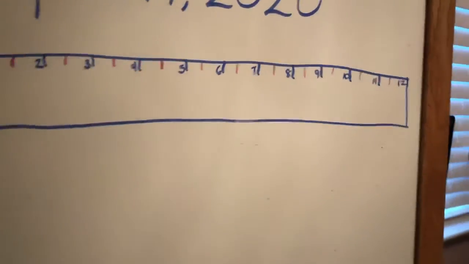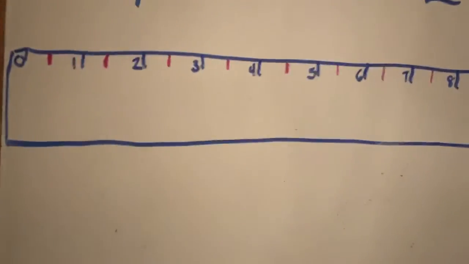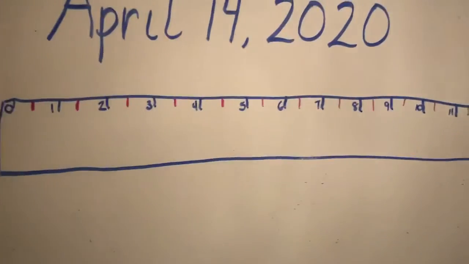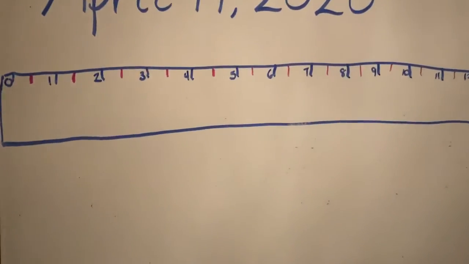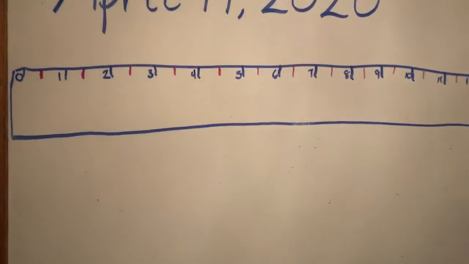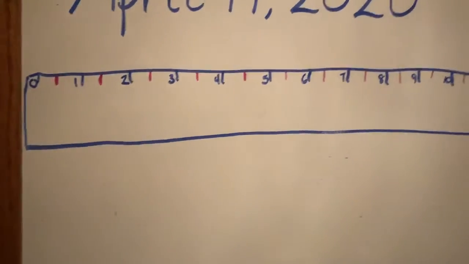Okay? So that is how we recognize our half-inch markings on our ruler. And we're going to be using half inches to draw line segments. But before we do, we're going to do that again.